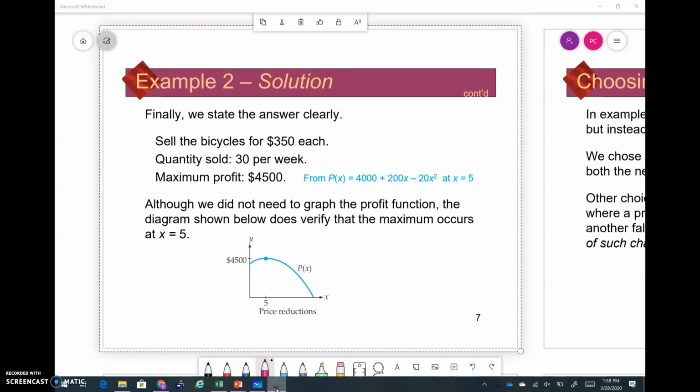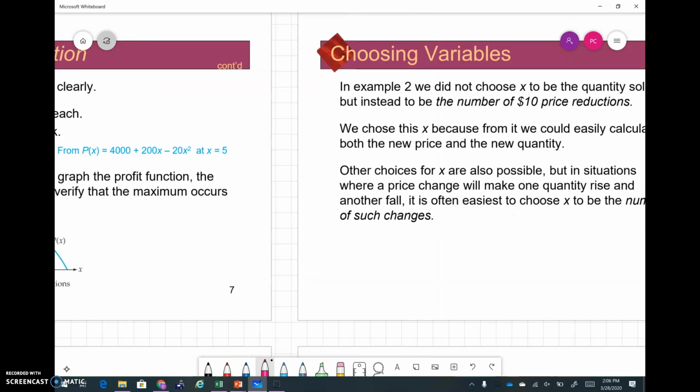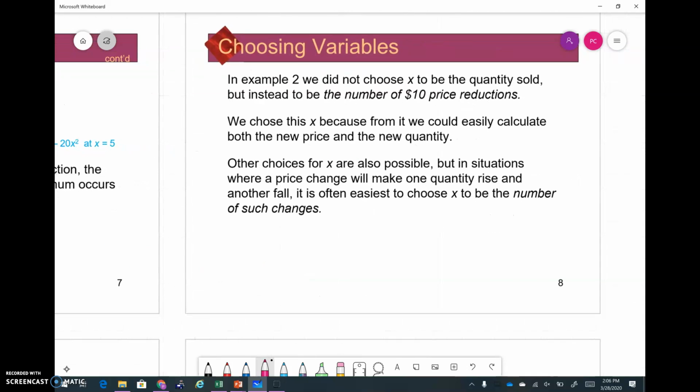So in example 2, we did not choose X by the quantity sold, but instead to be the number of $10 price reductions. We chose this X because from it we could easily calculate both the new price and the new quantity.